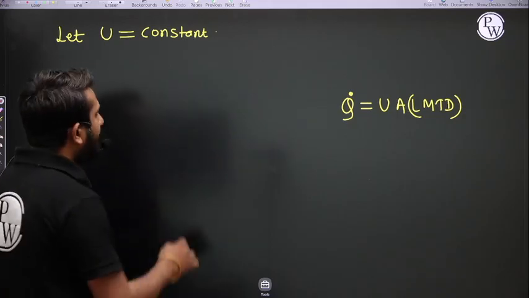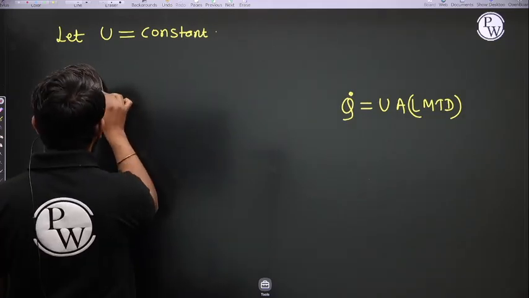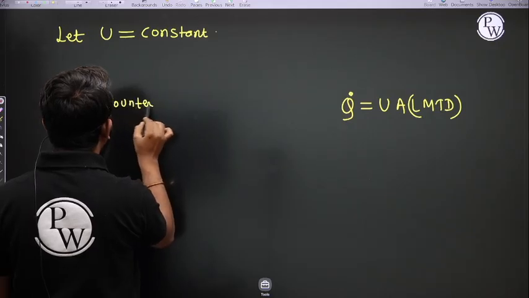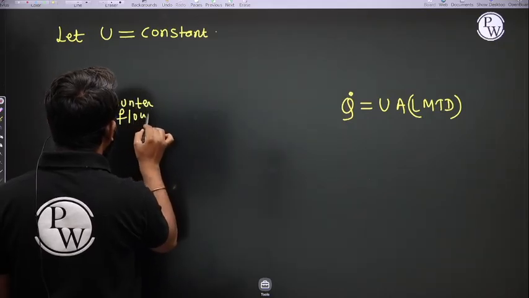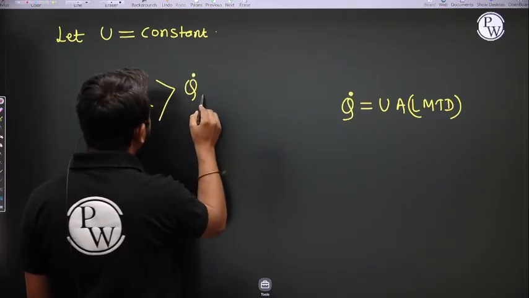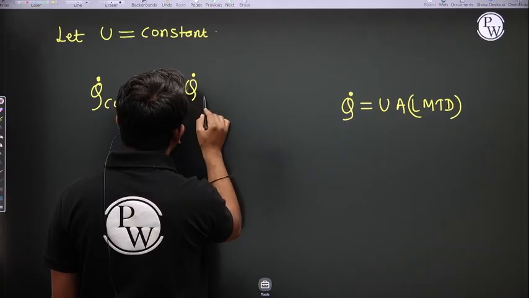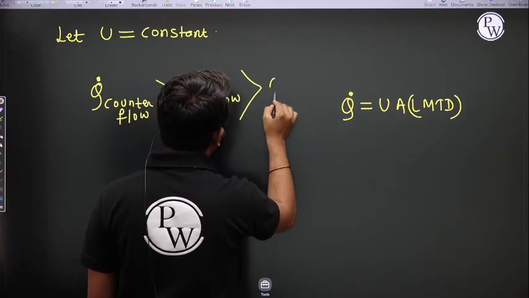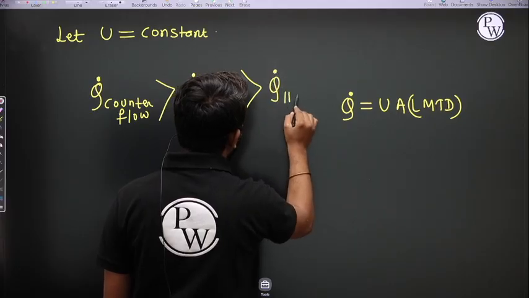So I can say that Q dot, the rate of heat transfer in counter flow, is greater than the rate of heat transfer in cross flow, and the least you get in parallel flow.